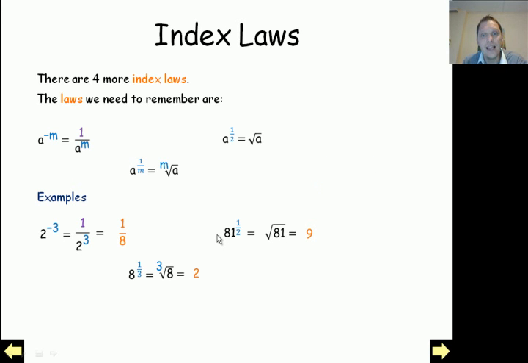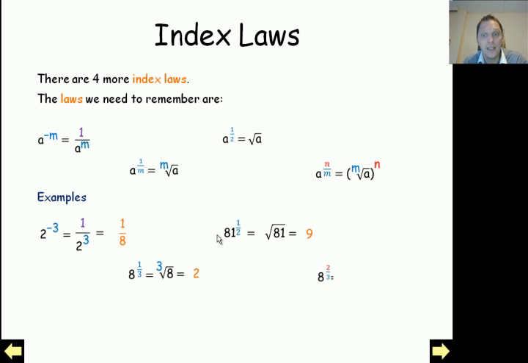And our very last rule, just an extension of this one, is that anytime we've got a number or letter to the power of a fraction where 1 is not the top number, we do the exact same. We are rooting our base number to the power of the denominator, the bottom number in the fraction, but we are then putting all this to the power of whatever the top number, or numerator, is within our fraction.